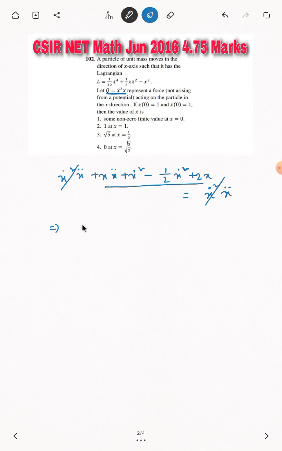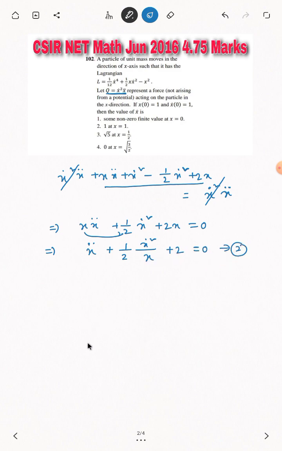So it will be x double dot plus half into x dot square plus 2x equal to 0. Let us make it simpler as x double dot plus, taking this x in the denominator, half into x dot square by x plus 2 equal to 0. This is our equation number 2.